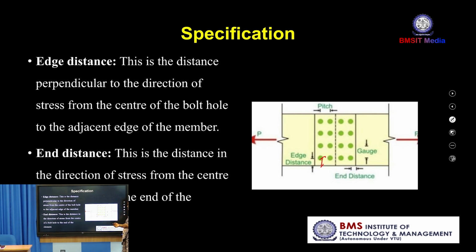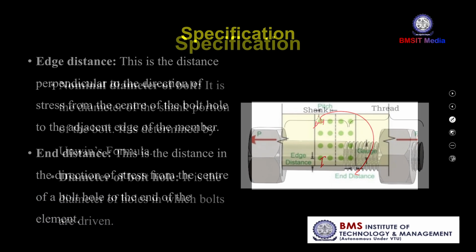What is end distance? The distance from the center of the last bolt to the edge of the member, in the direction parallel to the applied force, is called end distance. Edge distance and end distance.